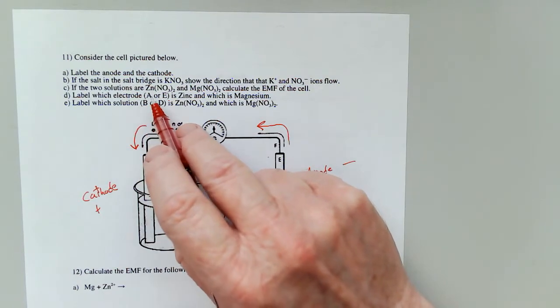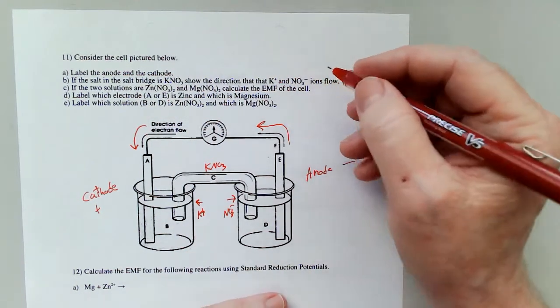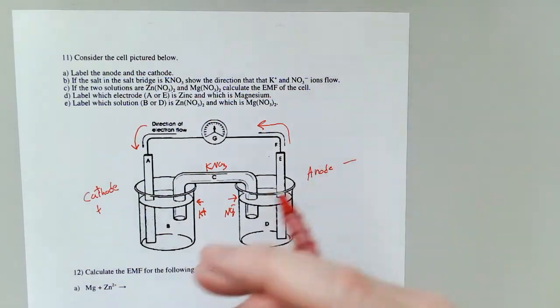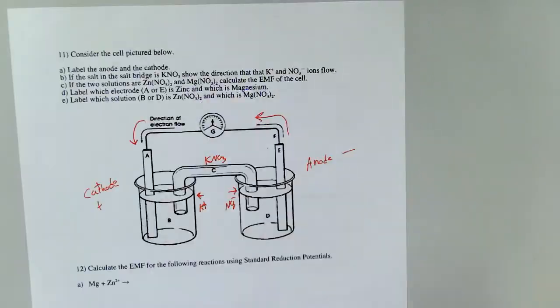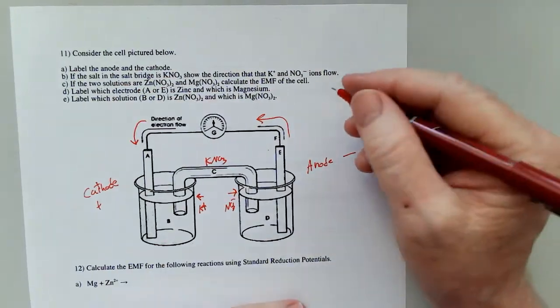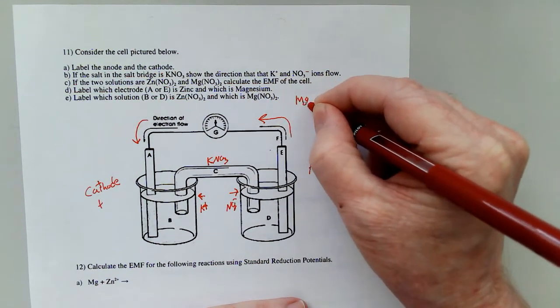Now, if the solutions are zinc and magnesium, calculate the EMF of the cell. So that's when we go to one of these tables, and I kind of remember a couple of the numbers, not a lot of them. Magnesium is more likely to oxidize than zinc.